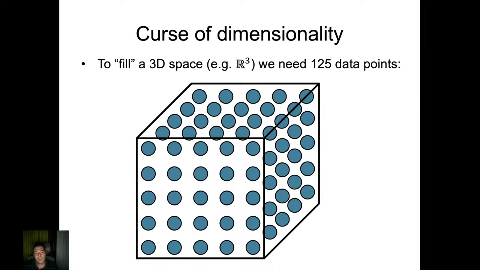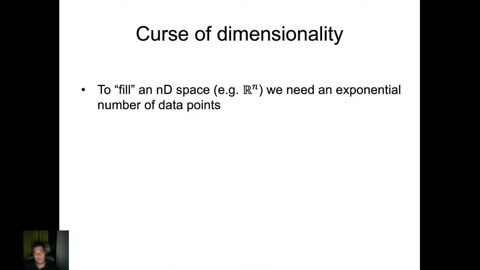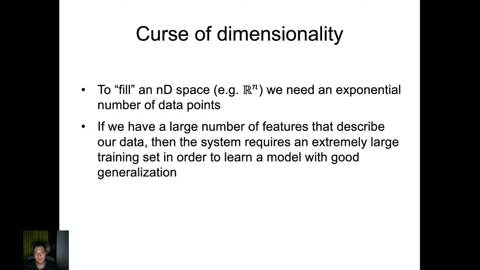And in 3D space, you need about 125 data points. So the general rule is that for an n-dimensional space, you need 5 to the power of n data points. So the number of data points grows exponentially.